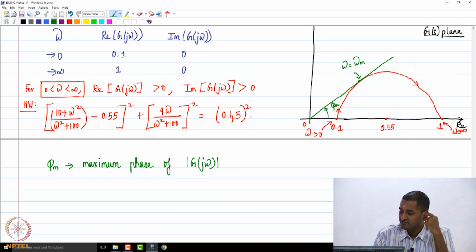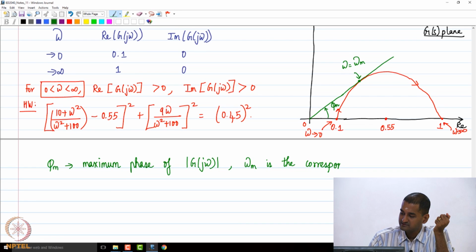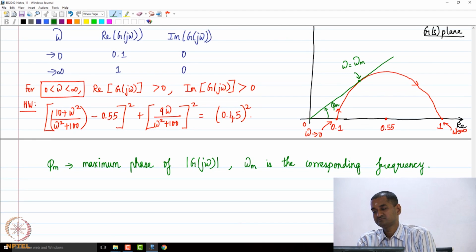So you see that phi m is the maximum phase of G(j omega), okay? Omega m is the corresponding frequency. Now how can I calculate phi m?